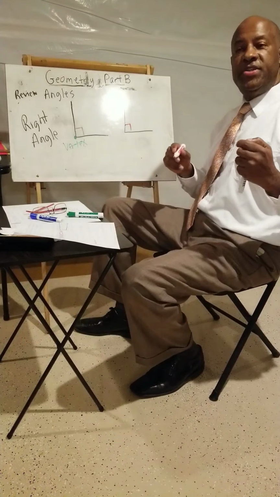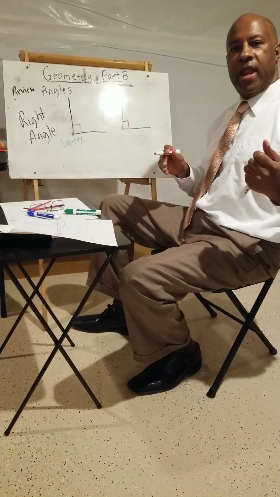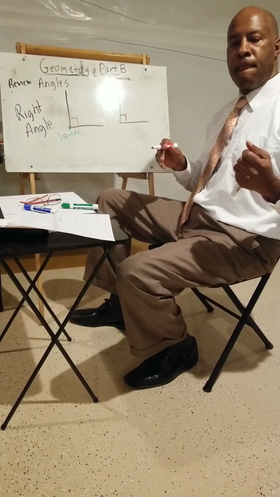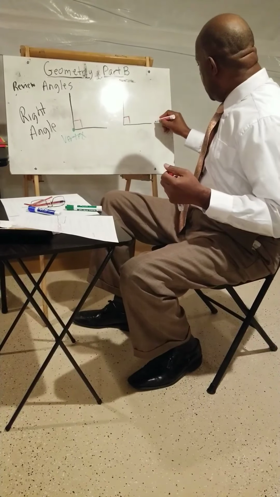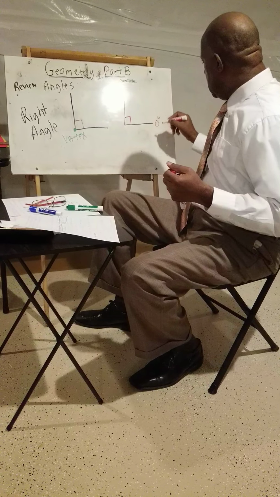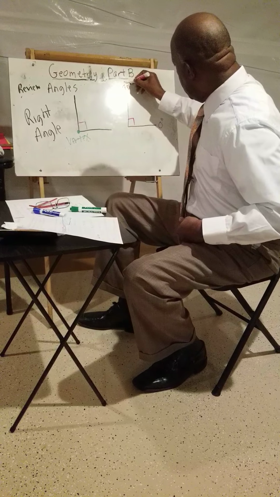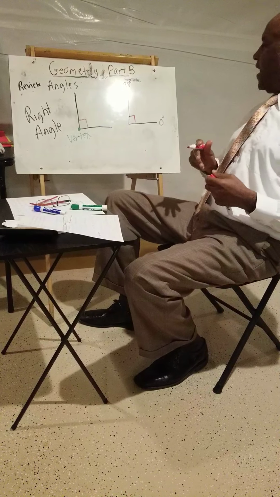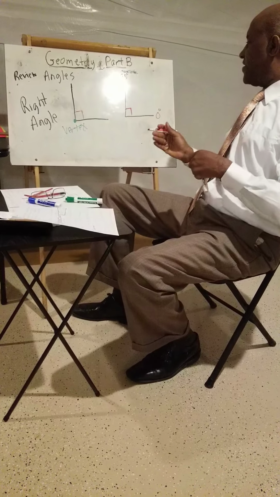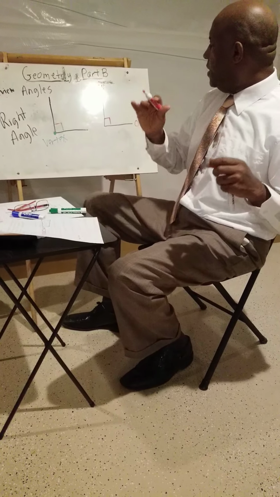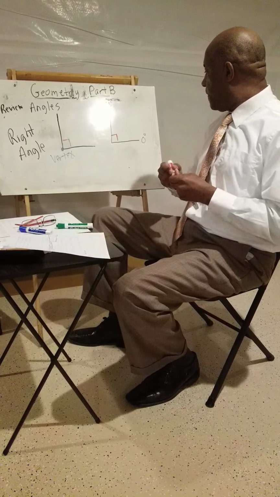And how many degrees did we say that a right angle is altogether? A right angle is 90 degrees. Not 89, not 87, not 94, exactly 90 degrees.